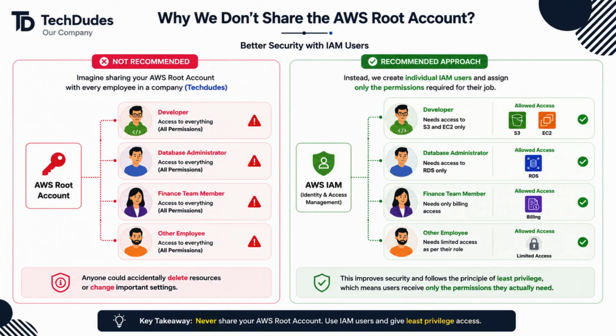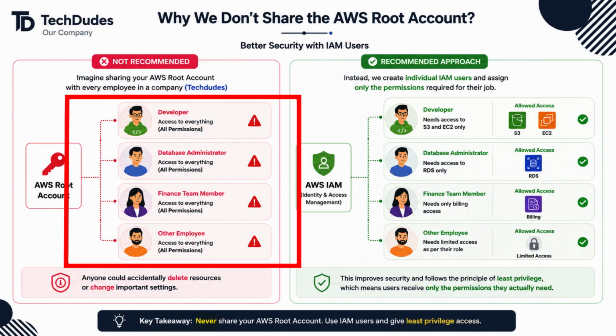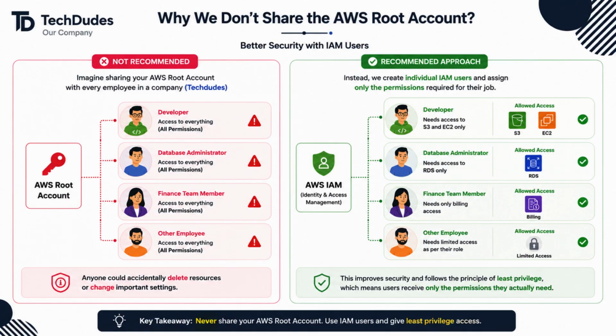So let's say if I give AWS root credentials to developers, database administrators, finance team members, and other employees, they can do whatever they want. They can accidentally delete or change important resources. But the recommended approach is, if we use the AWS IAM security service, we can provide only the necessary permissions.